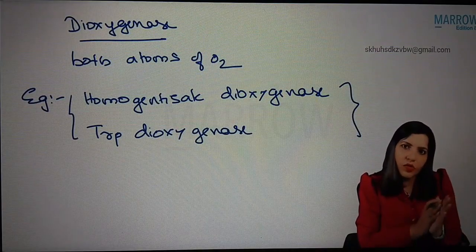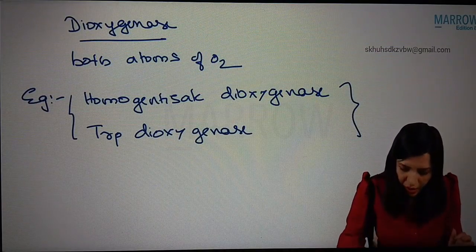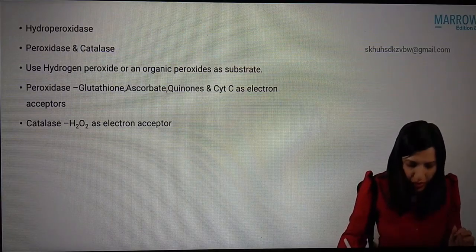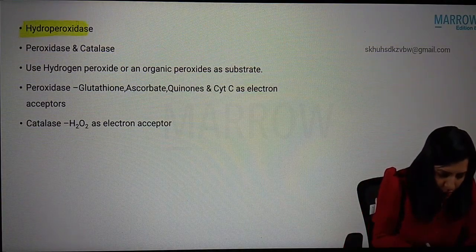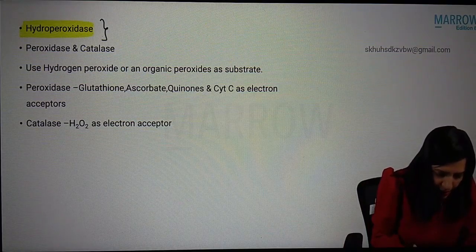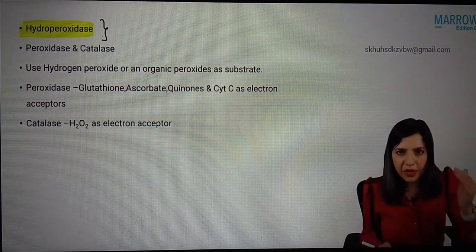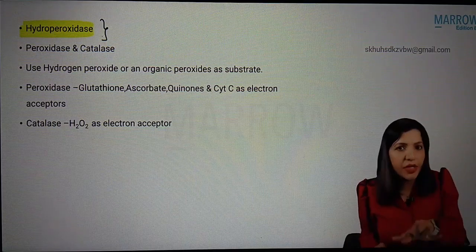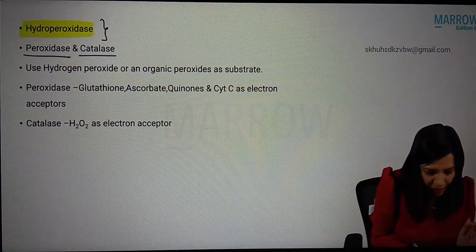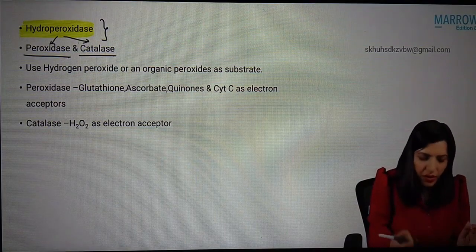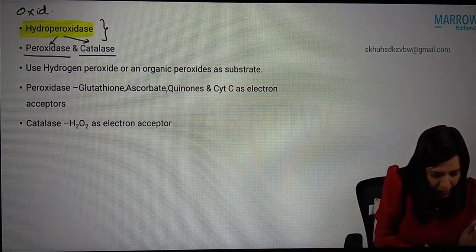So we have learned about oxygenases. Now we are left with hydroperoxidases. There are two subclasses under hydroperoxidases: one is peroxidase, the other is catalase. All of this comes under oxidoreductase.